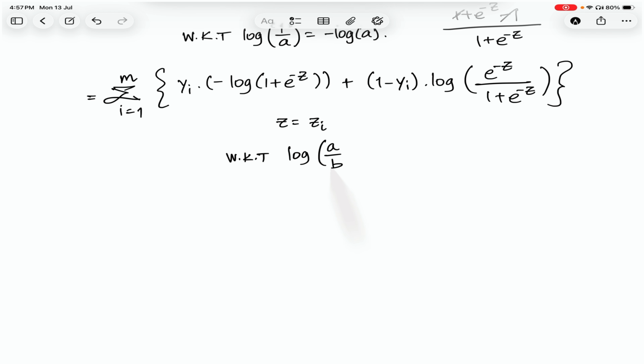So upon further simplification, we'll get this. So our final log likelihood becomes summation running from i, and you got zi yi minus log of 1 plus exponential minus zi.